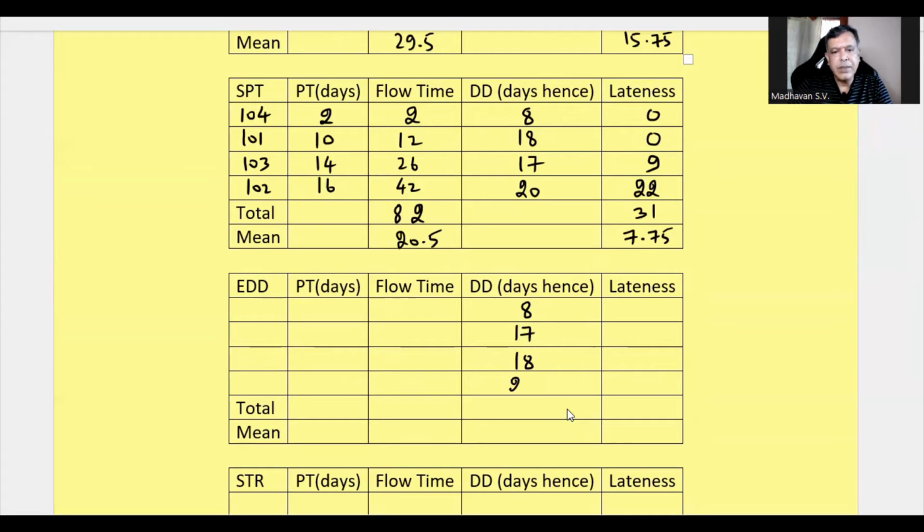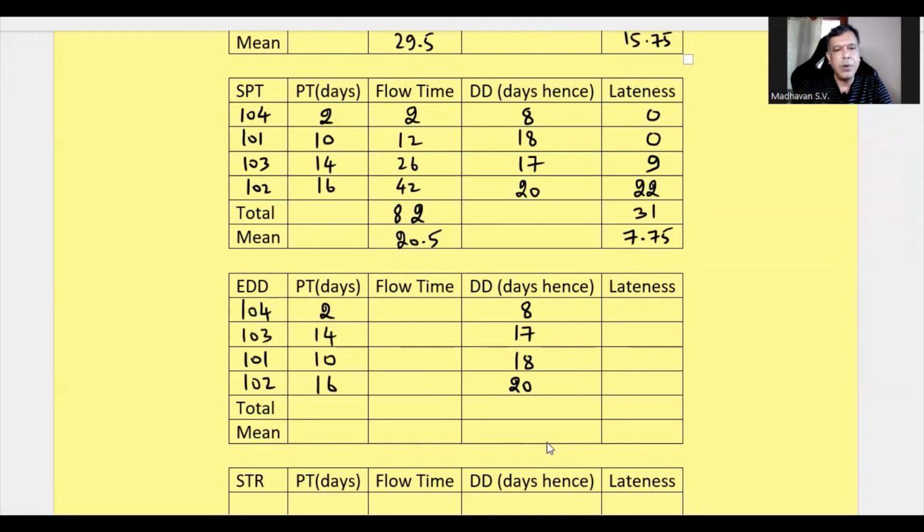Then the next least is 20. 8 corresponds to job 104. So let us write 104 here. 17 corresponds to 103. 18 corresponds to 101. 20 corresponds to 102. Now the processing time for 104 is 2 days, and for 103 it is 14 days. 101 it is 10 days. 102 it is 16 days.